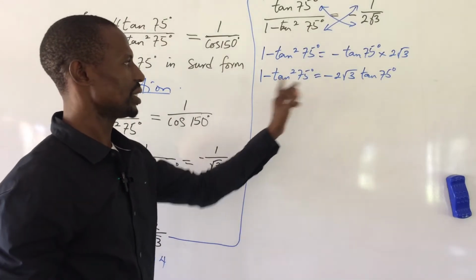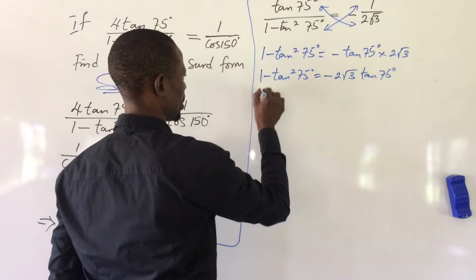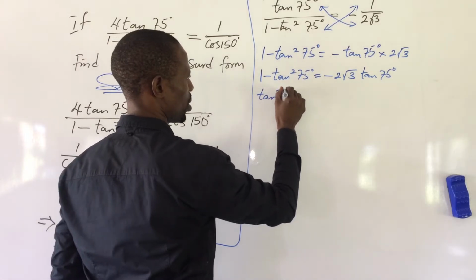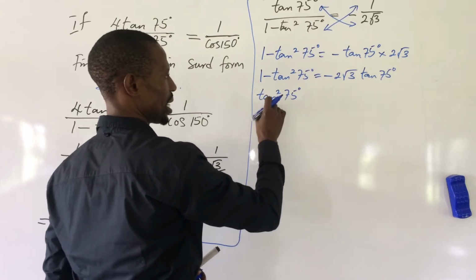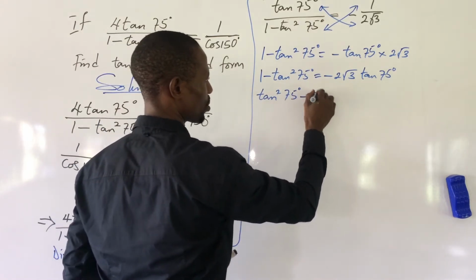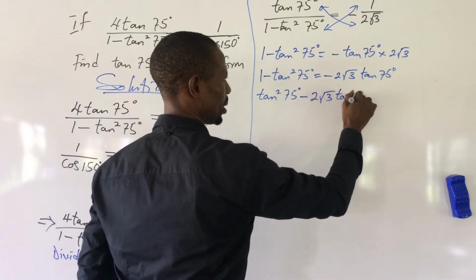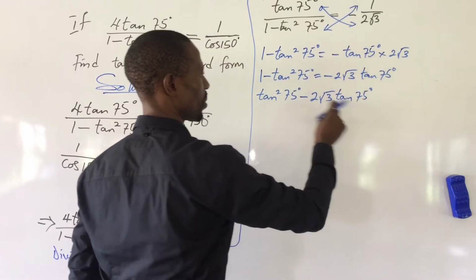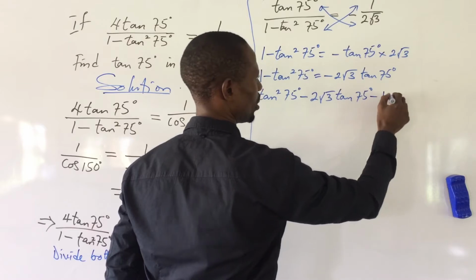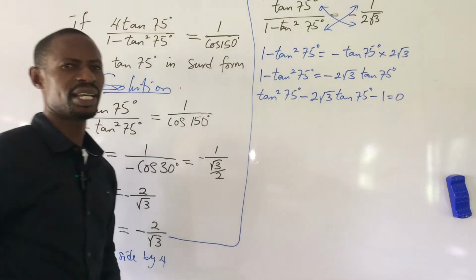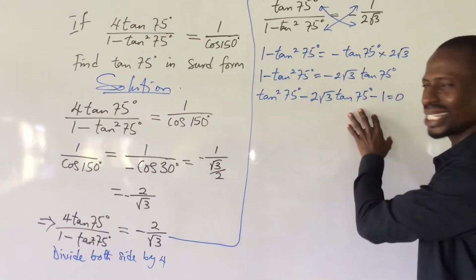Now, take a look at this. We can rearrange this system. If we rearrange, this will give us tan square 75 degree. When we send this to this side, it's going to give us tan square 75 degree minus 2 root 3 tan 75 degree. Then bring this to the other side, it gives you minus 1 equal to 0. If you take a critical look at this, you will discover that this is a quadratic equation.